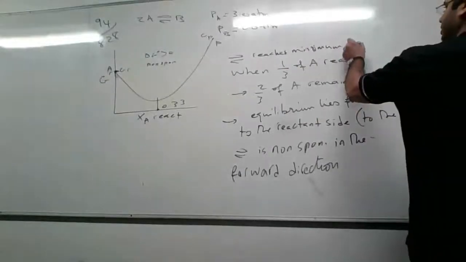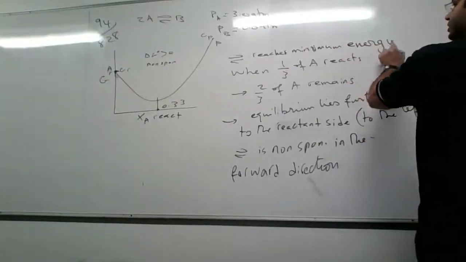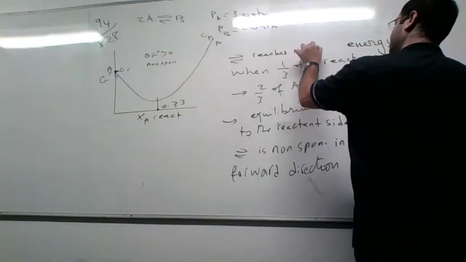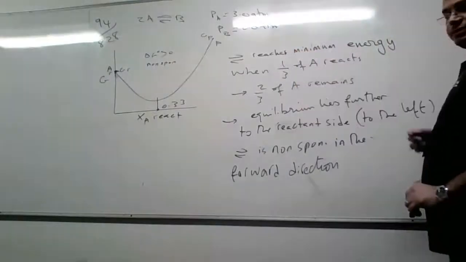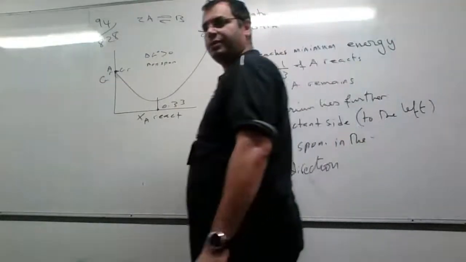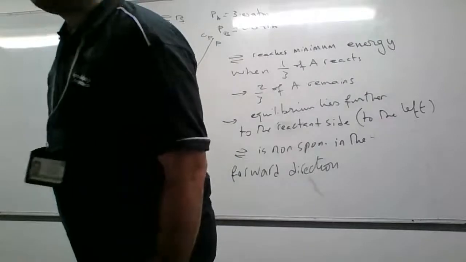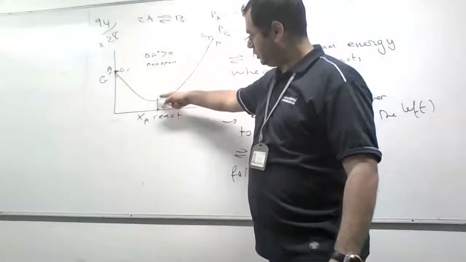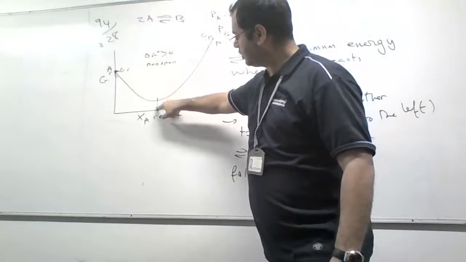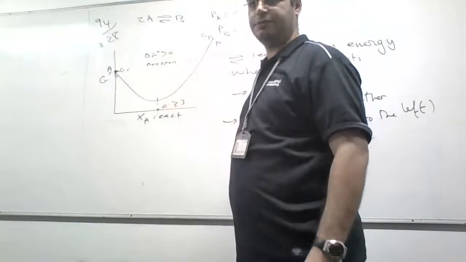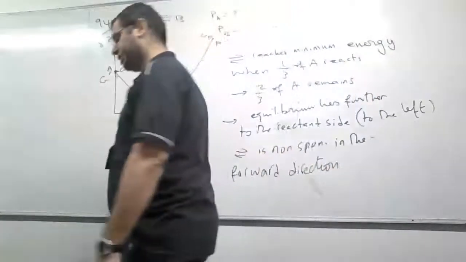Minimum energy. Okay, forget the word energy. Minimum remains. You look at the graph, you do the projection like this, you will get 0.33 in here. It's on the curve actually. If you look at the exercise itself.